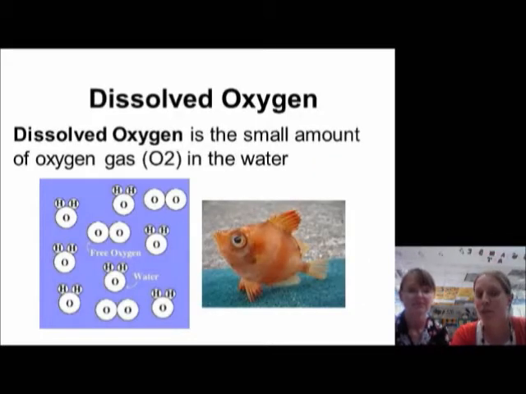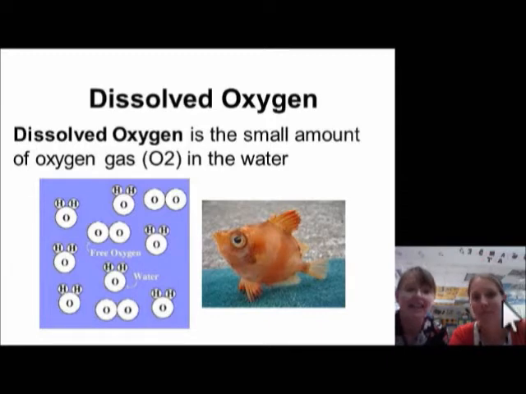So one of the first tests we do for water quality is we look for something called dissolved oxygen. What's dissolved oxygen all about? Now, the great thing is you have a fish tank right in your room. So what I suggest is when you go pick up your sick, you walk by the fish tank and look at the water coming in through the filter, and you will see tiny bubbles being pushed down into the water column.